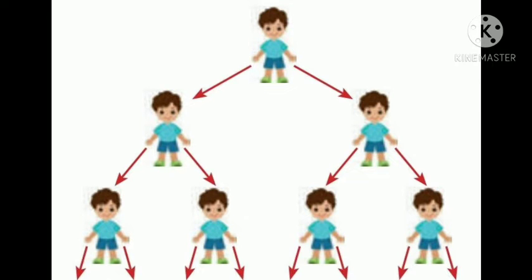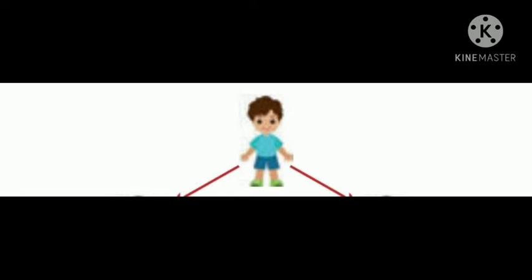Similarly, let us see another example of a GP. Let us consider this picture. It shows a viral disease spreading in such a way that at any stage two new persons get affected from an affected person. At the first stage, one person is affected.